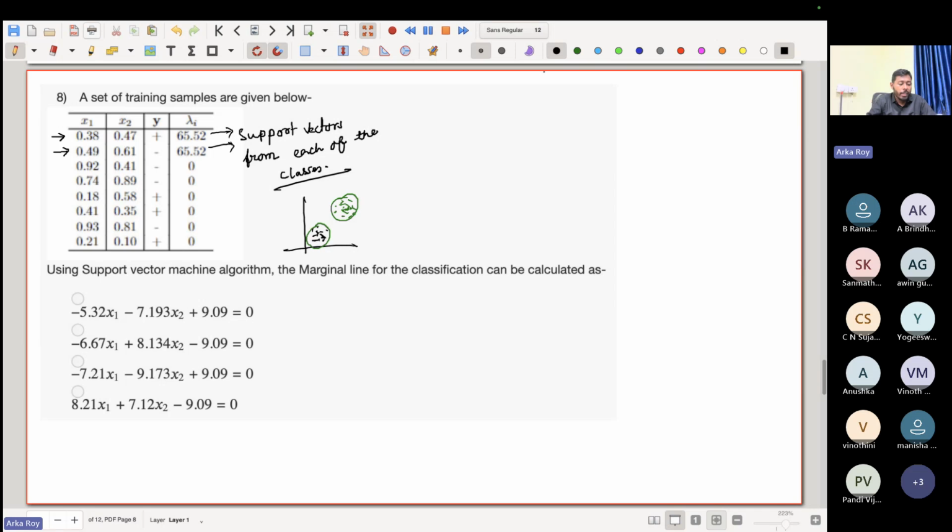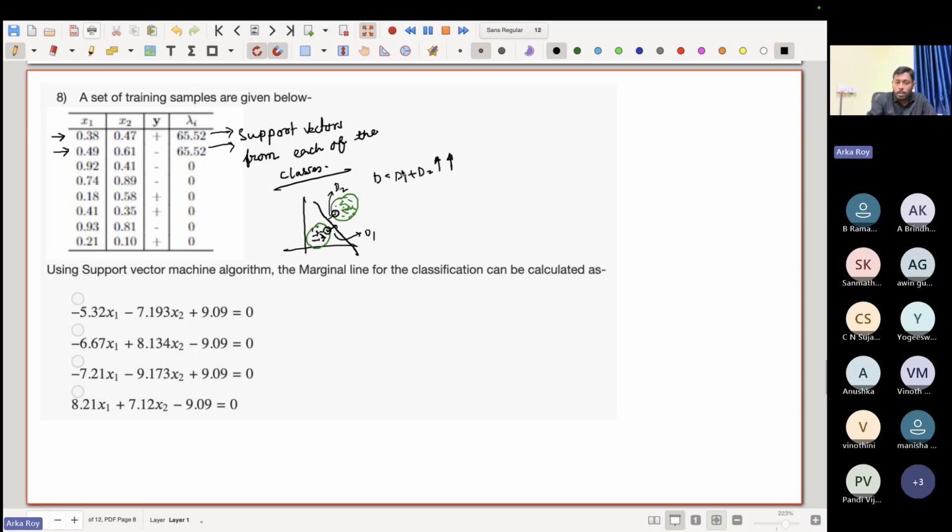So the main objective of SVM is to find the line which yields maximum margin from the support vectors of both the classes. Let's say this is the optimum line that SVM predicts, and this one is a support vector, and this one is another support vector from the other class. We have to calculate the distance. Let's say this is D1 and this is D2, and we have to maximize the margin. That means D equals D1 plus D2 should be maximized.